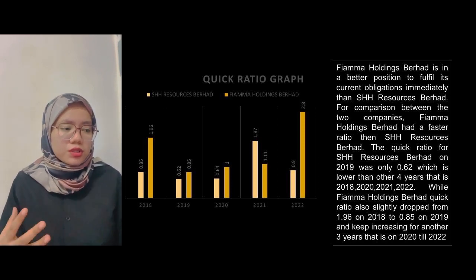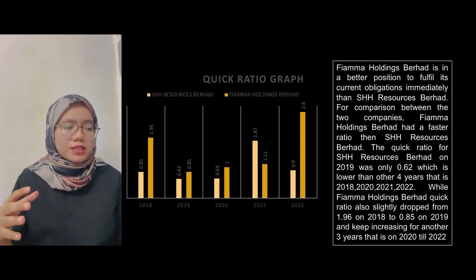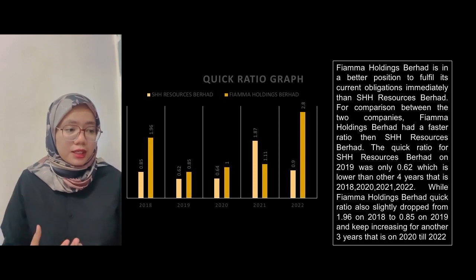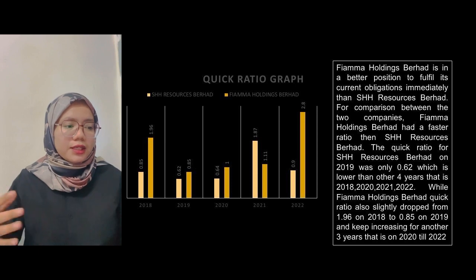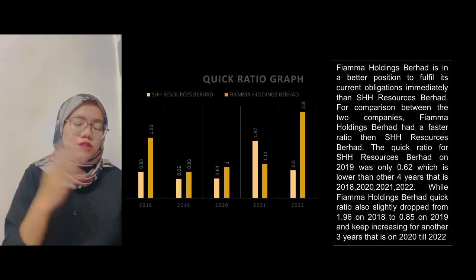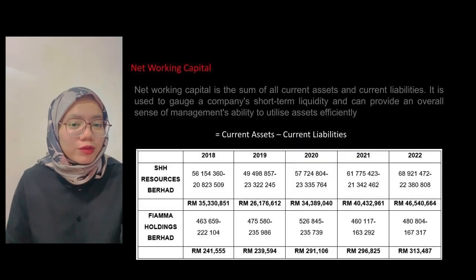While Fiamma Holdings Berhad slightly dropped from 1.96 in 2018 to 0.85 in 2019, they kept increasing for another 3 years, from 2020 until 2022. Now I will explain about net working capital.